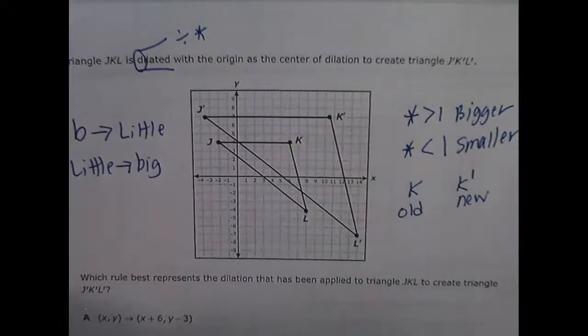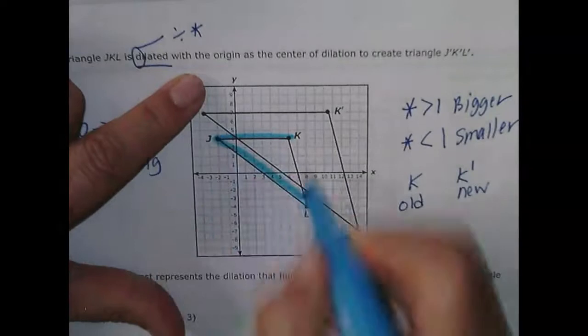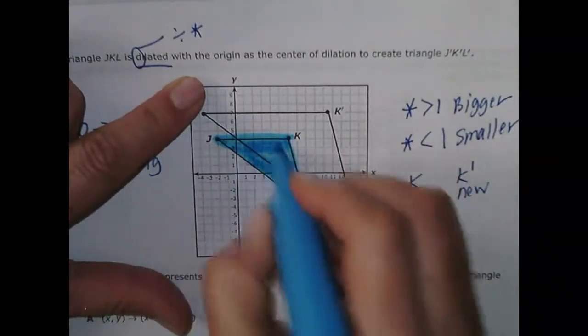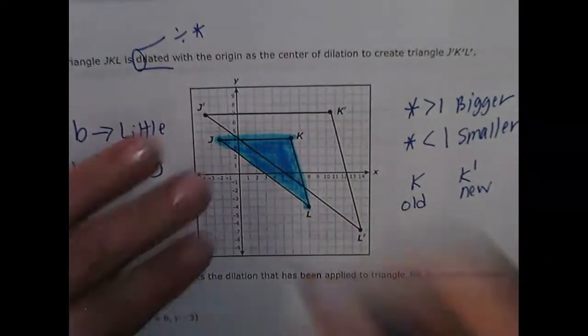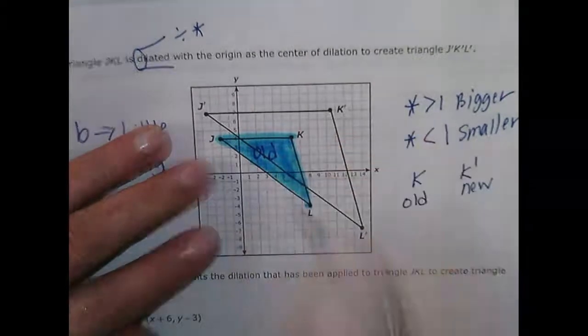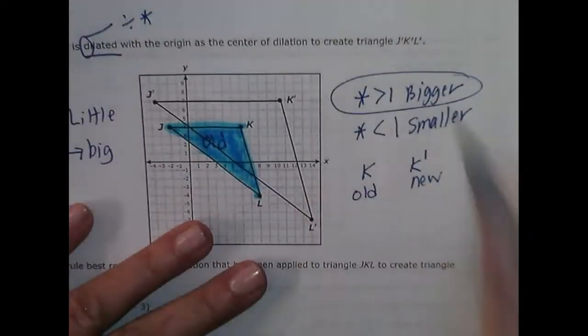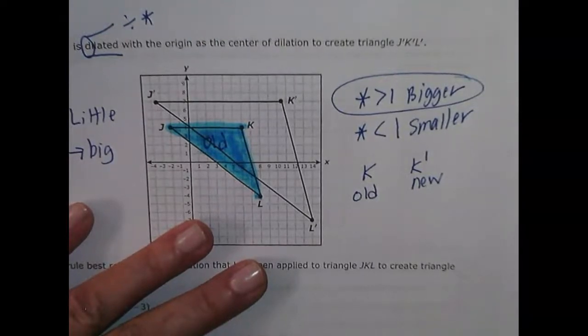Is that a big picture? So there's the old one. What's the new one doing? Looks like the new one is getting bigger. So we're getting bigger, and some of you are picking smaller, and you shouldn't make those mistakes.